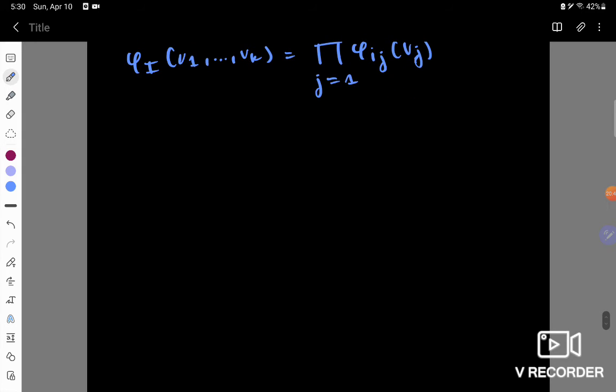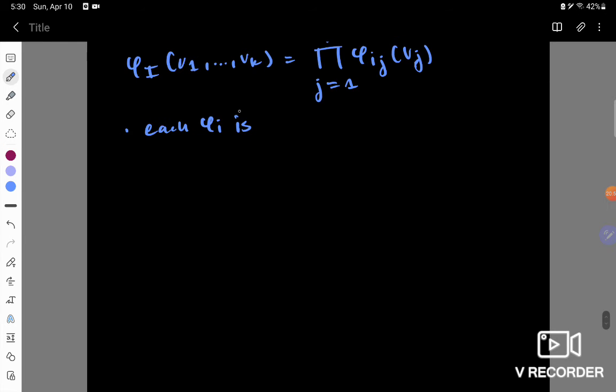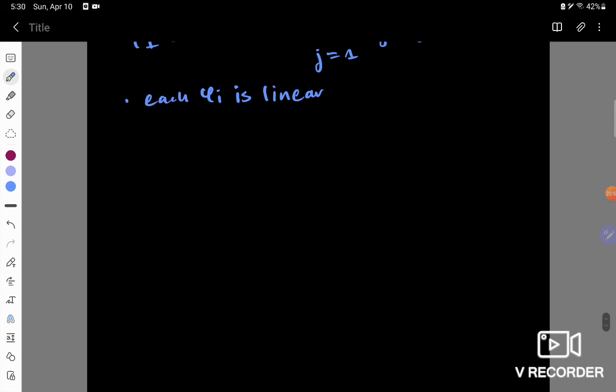And we can check these two facts. Each phi I is linear, from the preceding facts.